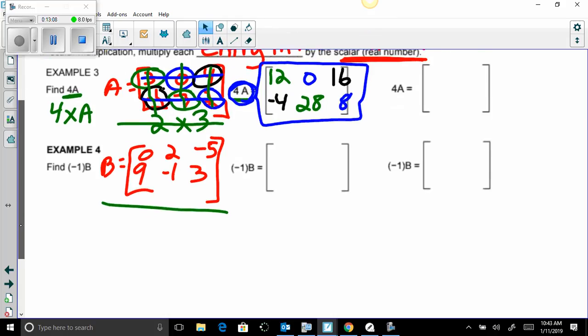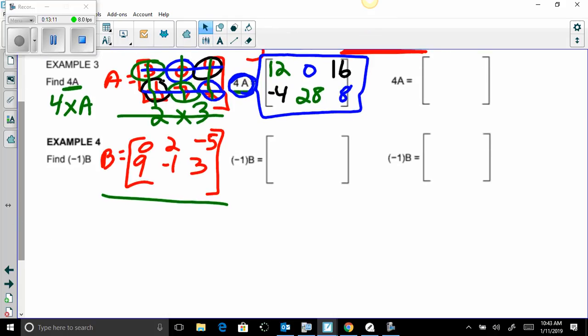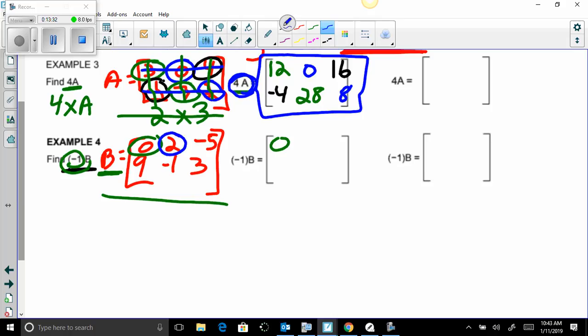Let's go ahead and see if we can multiply negative 1 times the matrix B. I went ahead and put it here for us so we didn't have to go look up above. So you are multiplying everything in matrix B by negative 1, every entry. So 0 times negative 1 is 0. 2 times negative 1 is negative 2. And negative 1 times negative 5 gives me positive 5.